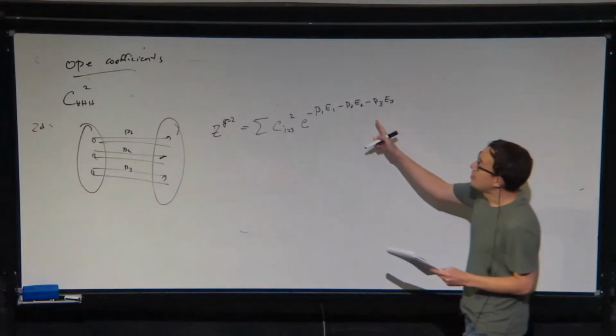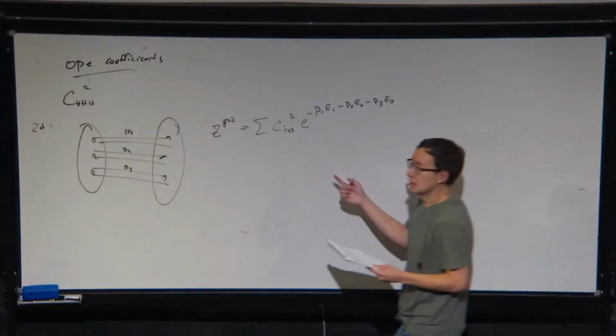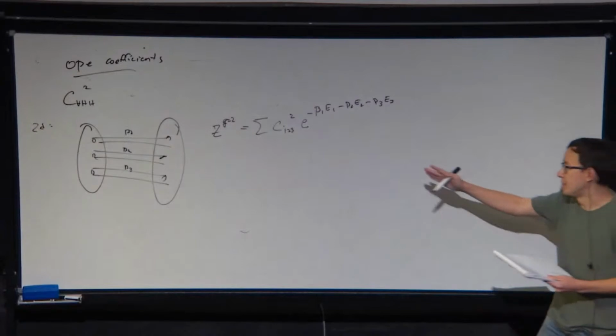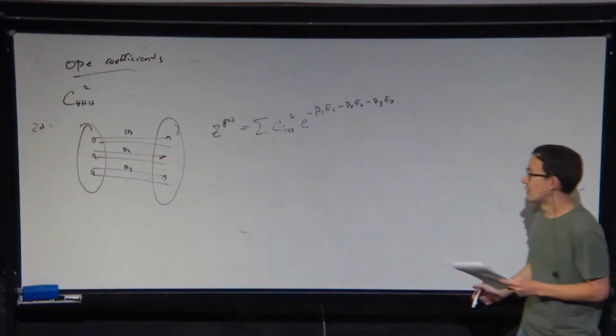If we take the betas very, very small and perform a non-trivial modular transformation on this genus 2 partition function, that roughly takes these betas to 1 over betas. It's not entirely obvious, but that's roughly what it does.